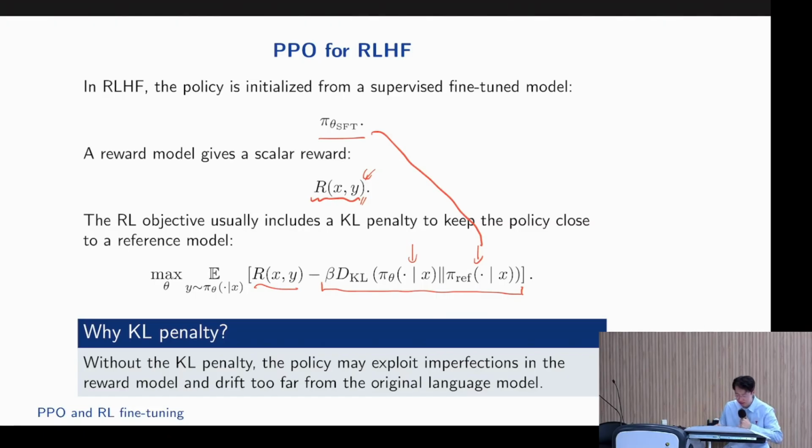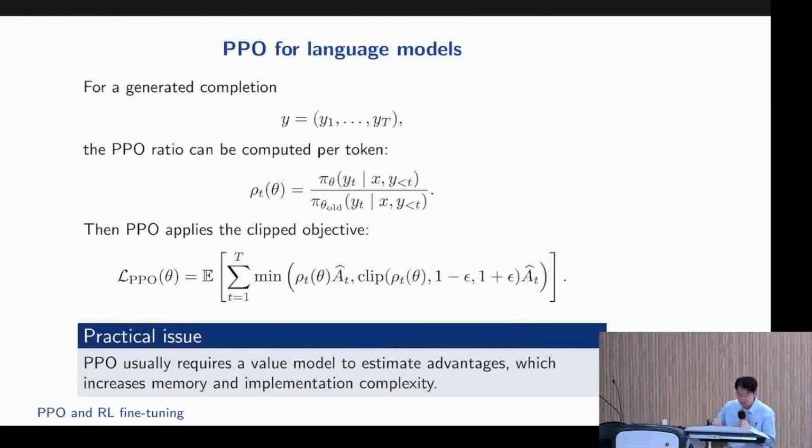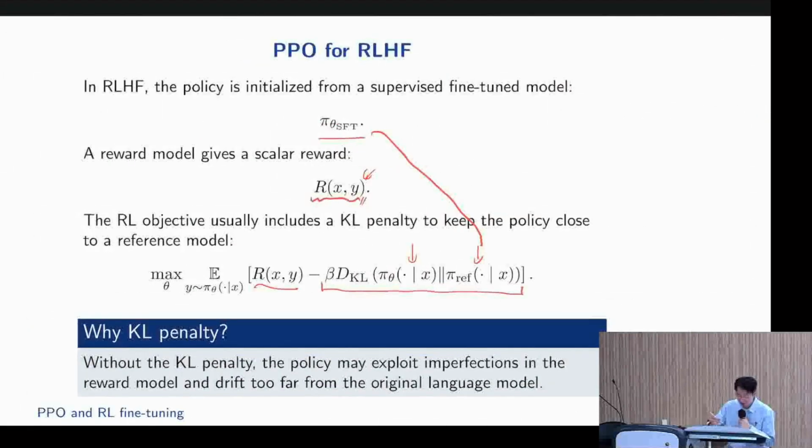So this KL penalty is just to safeguard us from RL just overshooting to something completely different. But important thing is this part. This reward function is very, very complicated, and we cannot mathematically specify what it is. So we learn some black box model, and we're going to use RL to maximize this.